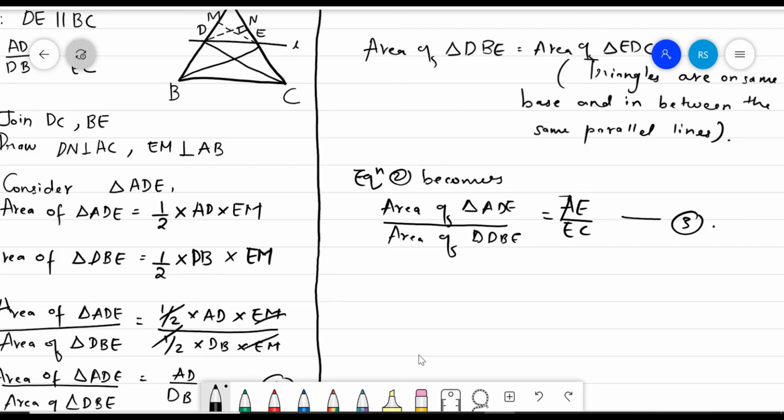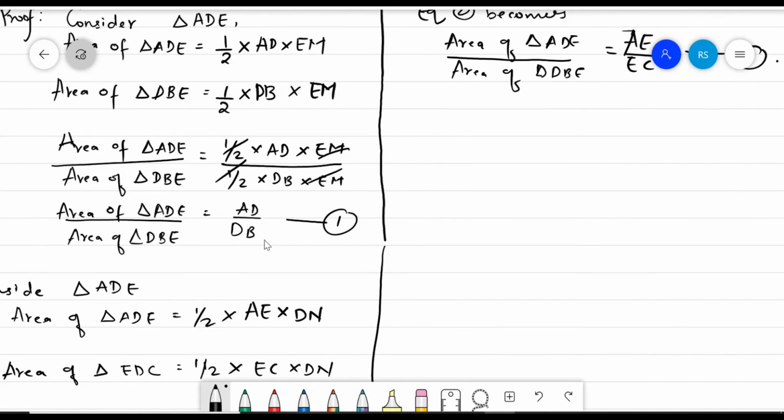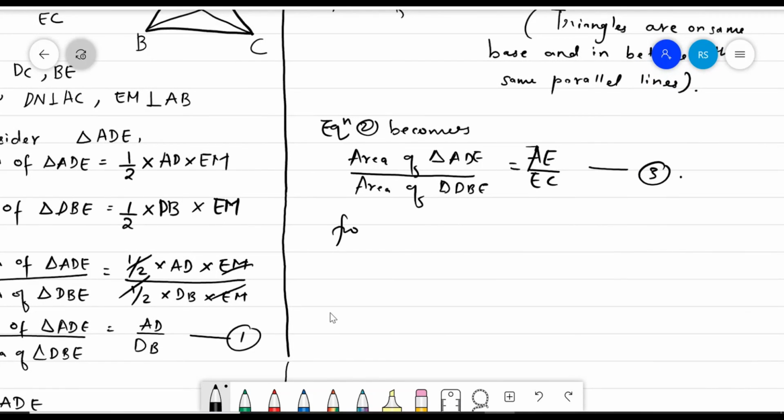We can see now that the left hand side of equation 3 and equation 1 is the same, so the right hand side will also be equal. So from equation 1 and 3 we can write AD upon DB is equal to AE upon EC.